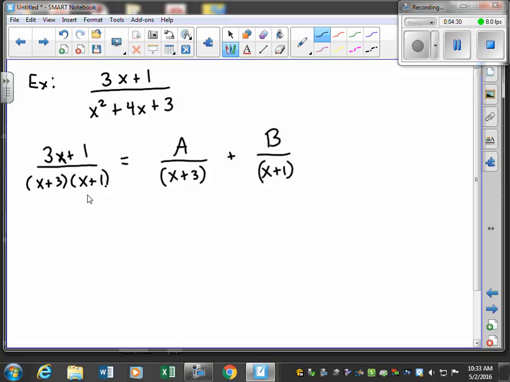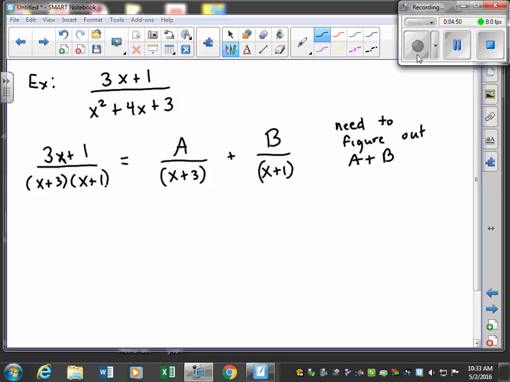Okay, so in our note is we need to figure out A and B so that these are equivalent, that when we actually add these, get a common denominator and add these, it will be equivalent to this.